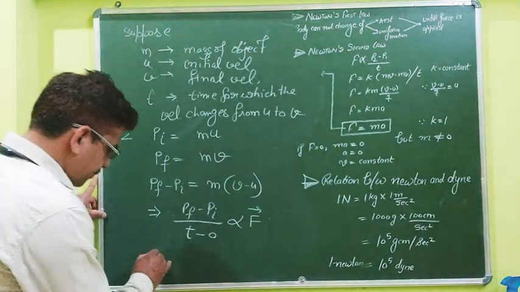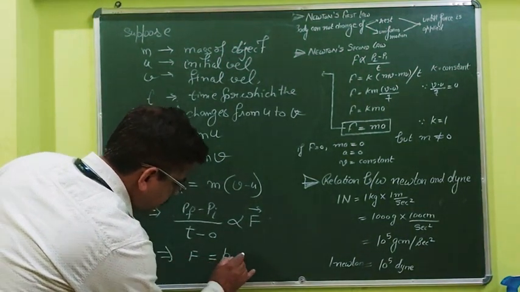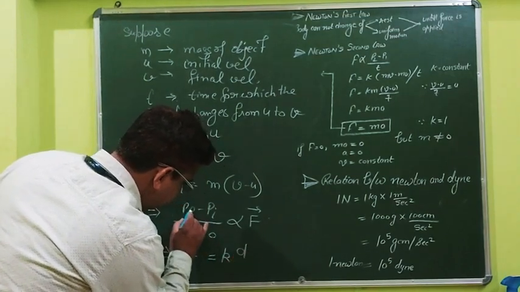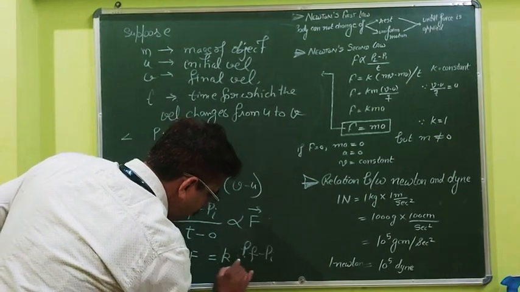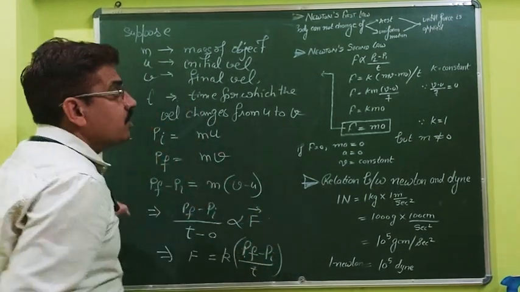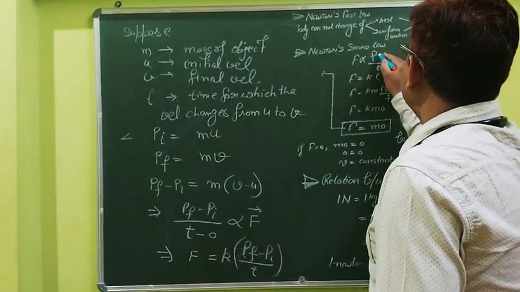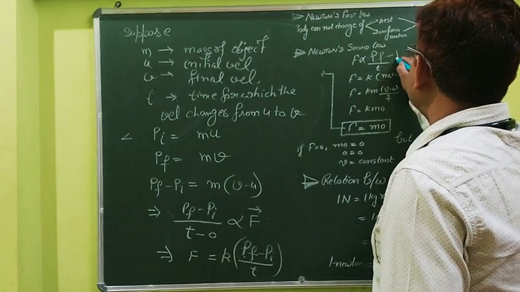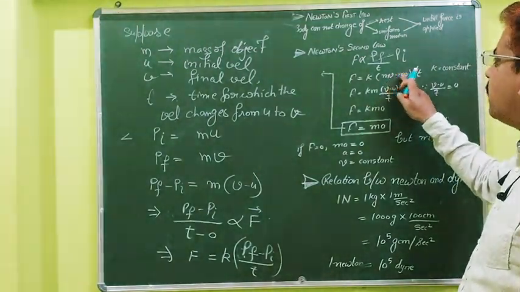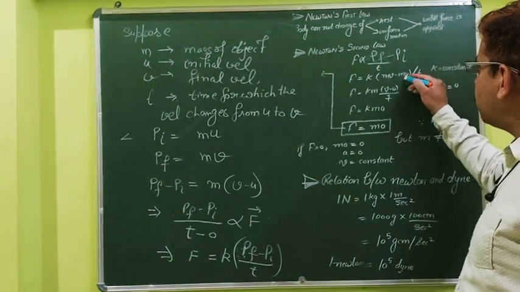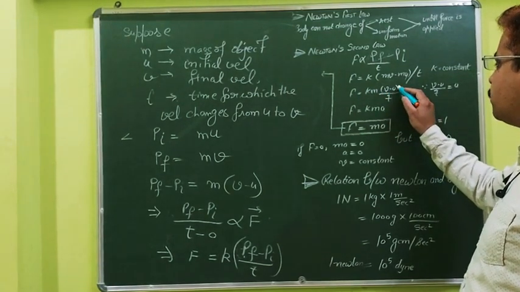It means F is equal to k times (pf minus pi) over t. So F is directly proportional to pf minus pi. What is pf? It is mv, and pi is mu. Therefore F is equal to k into m into (v minus u) over t.